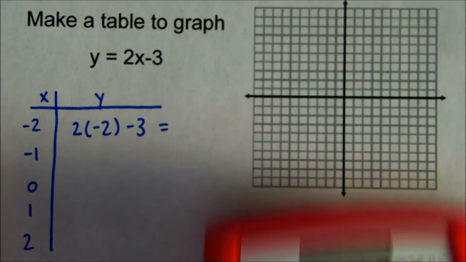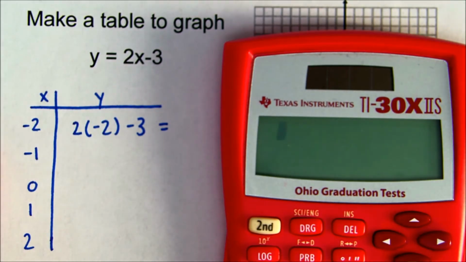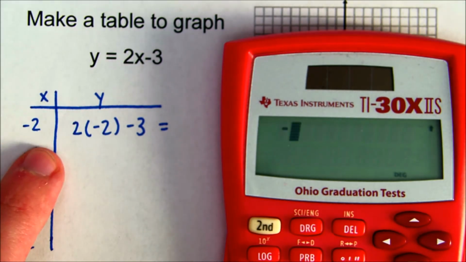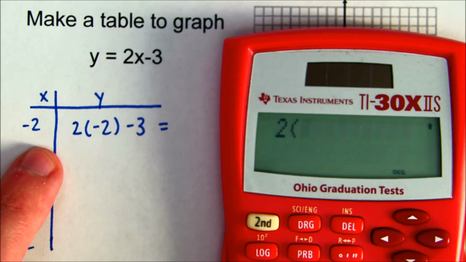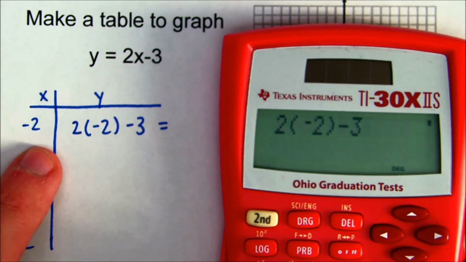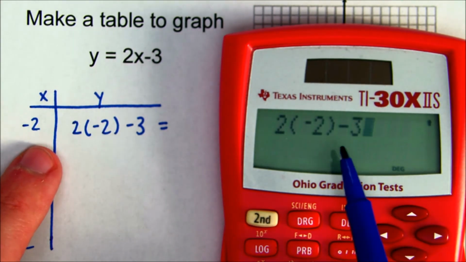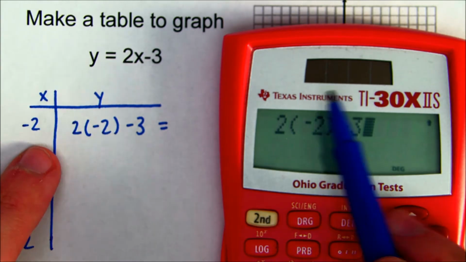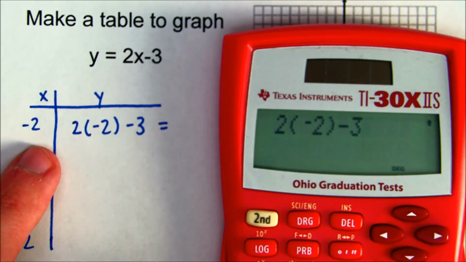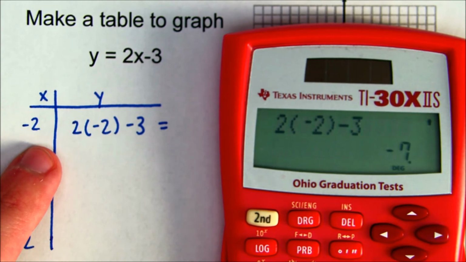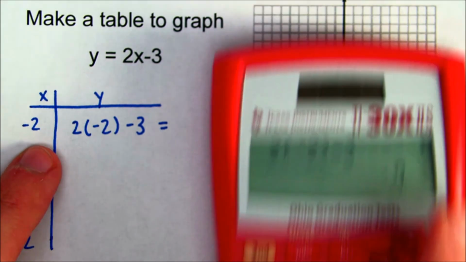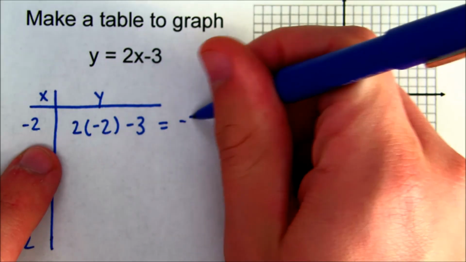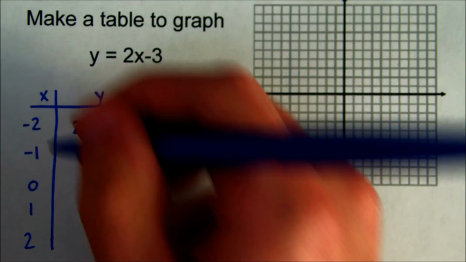So in my calculator, 2 times -2 minus 3. Make sure you include parentheses around the -2 to make sure that this is multiplication. Now when I push enter, I get a value of -7. So what I have is the point -2, -7.